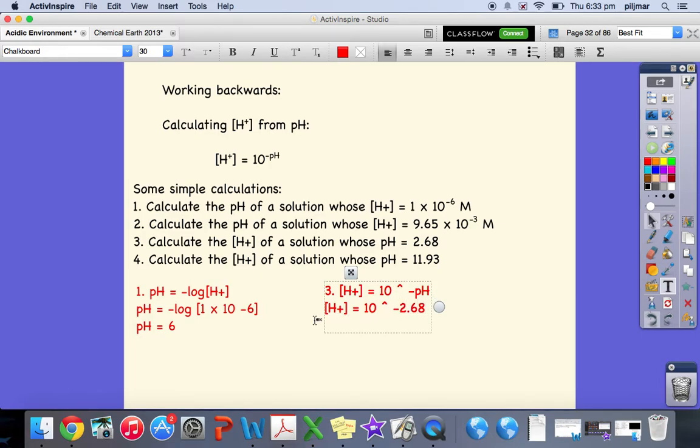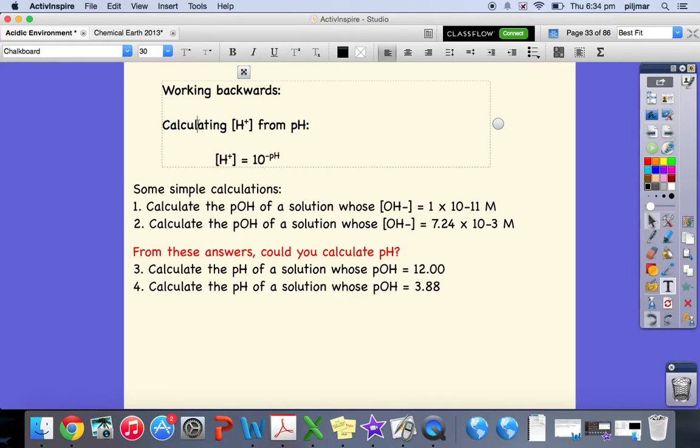You plug that into your calculator and that will be our answer. Now that will be our answer in moles per litre. Units are important. pH actually doesn't have a unit, because it's a relative scale. So no units. pH is just a number, a relative number. Concentration always has units.